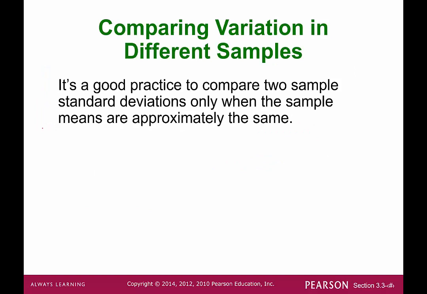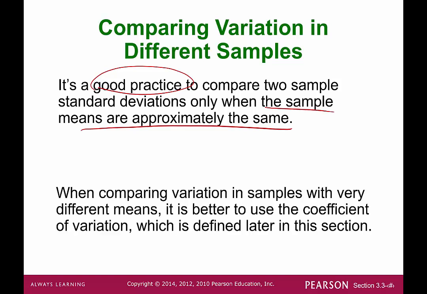And if you want to compare variation in different samples, compare two sample standard deviations only when the sample means are approximately the same. This is good practice. Only when they have the same mean does comparing the standard deviations make more sense. When comparing variation in samples with very different means, it's better to use the coefficient of variation, abbreviated CV, and we're going to talk about that.